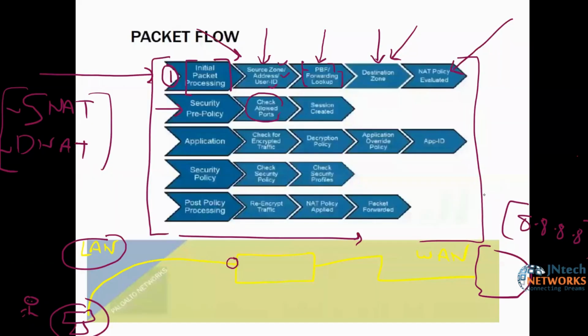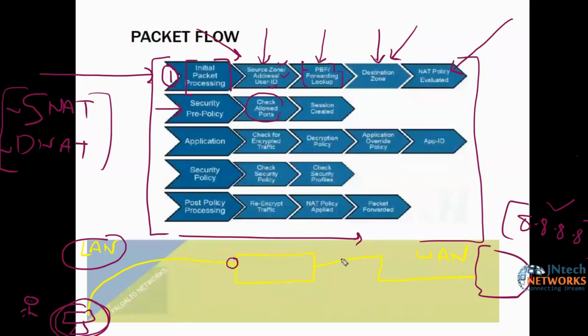The firewall will check the routing table or forwarding table because this inside machine is trying to go to this particular destination, and this is an L3 device, so it requires routing configuration. It will check the destination information in the routing table to see if any entry is available. After that, it will check the destination zone as per your destination.